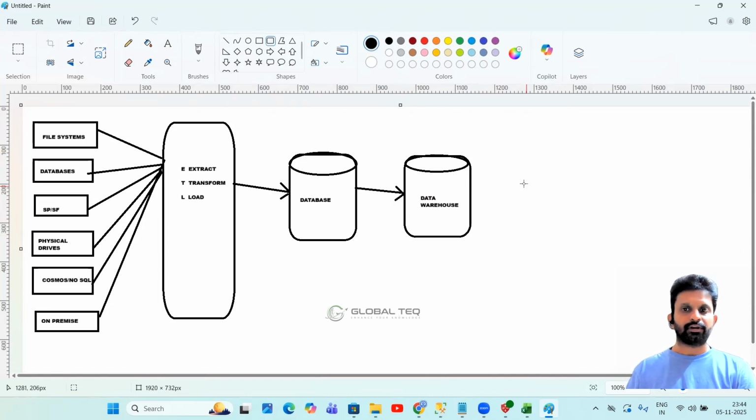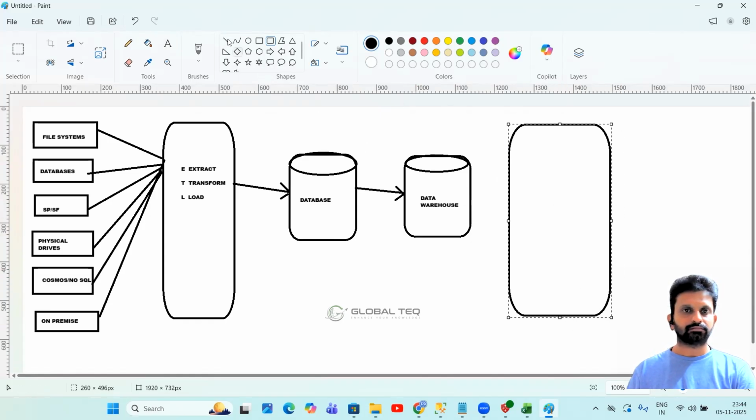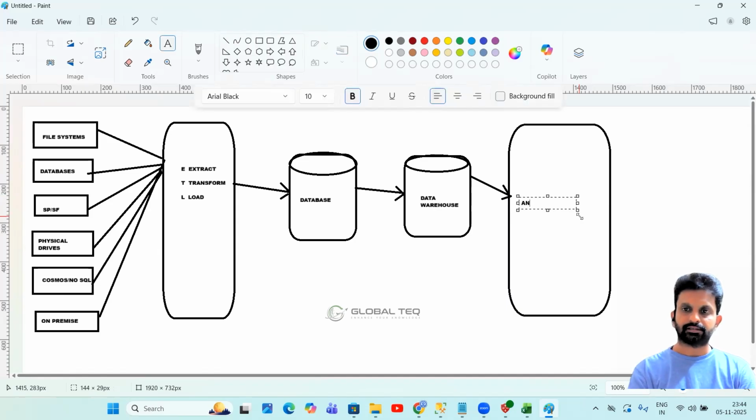On top of it, we are going to build the analytics platform where you're going to perform analysis or analytics.